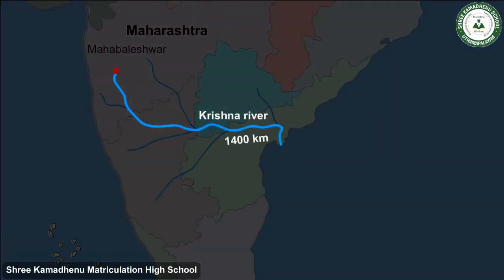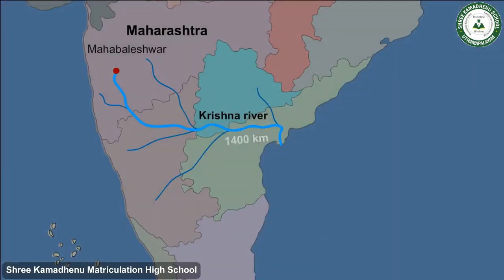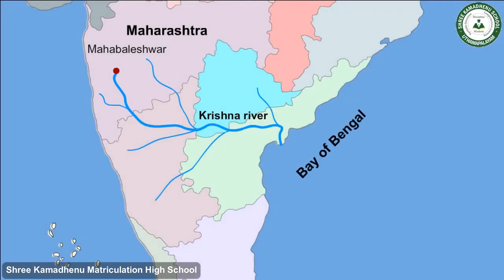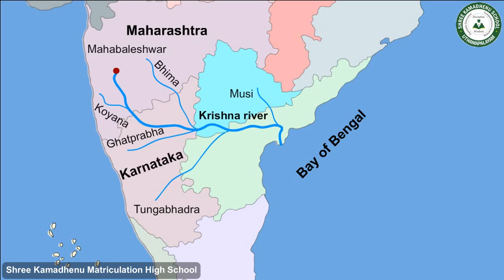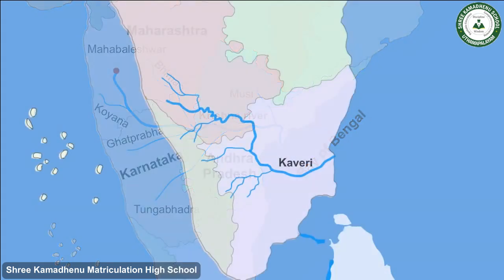It is 1,400 kilometers long and flows into the Bay of Bengal. Its major tributaries include the Tungabhadra, the Koyna, the Ghataprabha, the Musi and the Bhima. Its drainage basin is spread in Maharashtra, Karnataka and Andhra Pradesh.